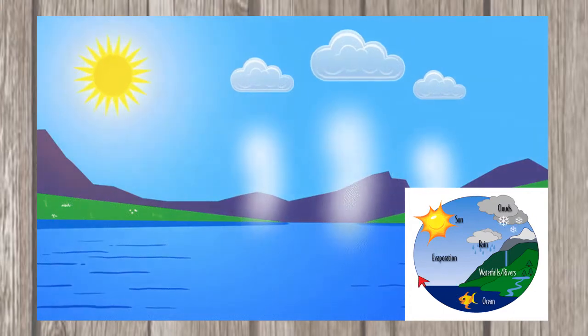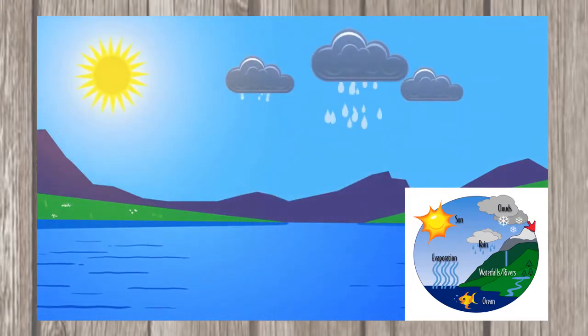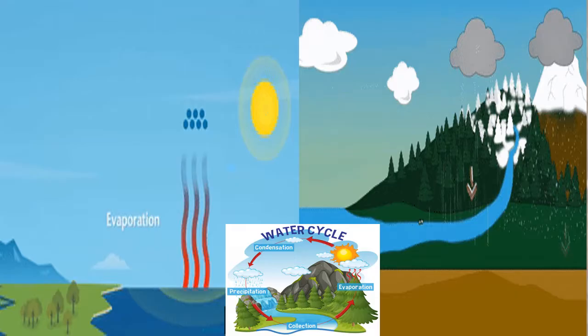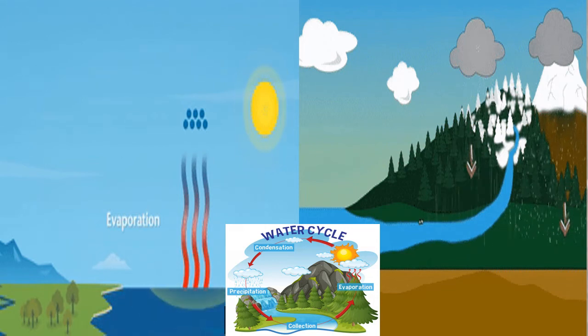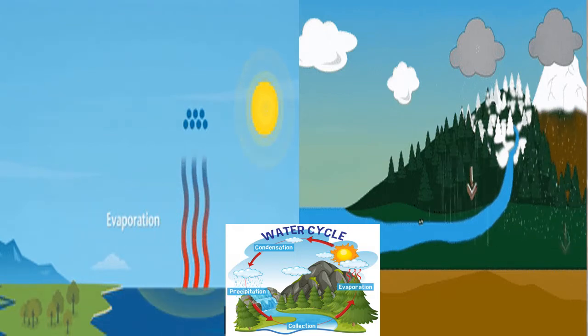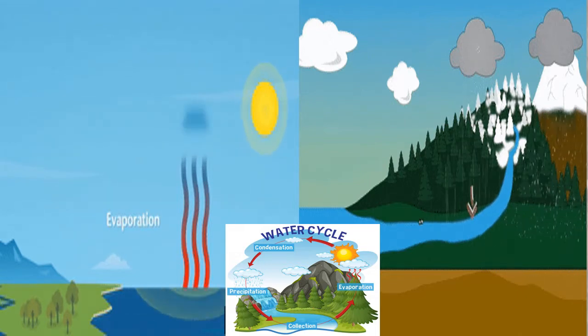When the sun heats up the water in seas, rivers, lakes and ponds, this water changes into water vapor. As water vapor rises high, it cools down and forms tiny droplets of water. These droplets of water form clouds. Inside clouds, tiny droplets join together to form big drops.